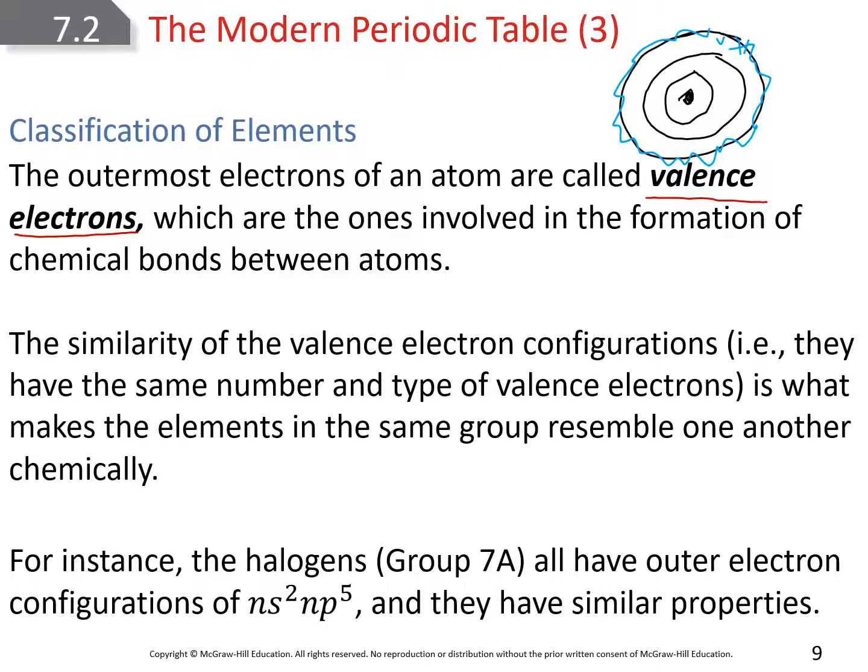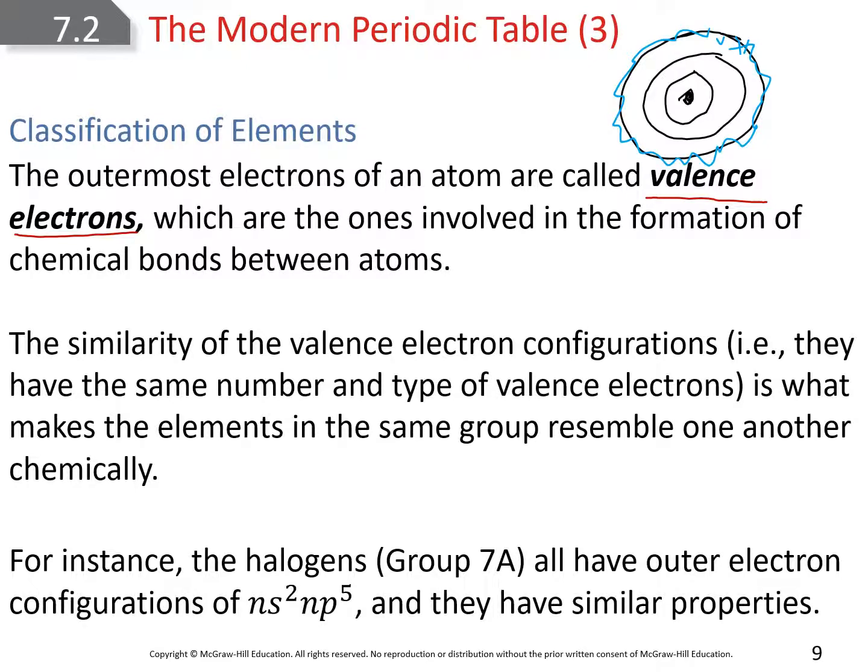All the other electrons are the core electrons, and it's not that they're not important, it's just that for the most purposes of what we're talking about with chemistry, it's the valence electrons that are involved in the bonding of elements.